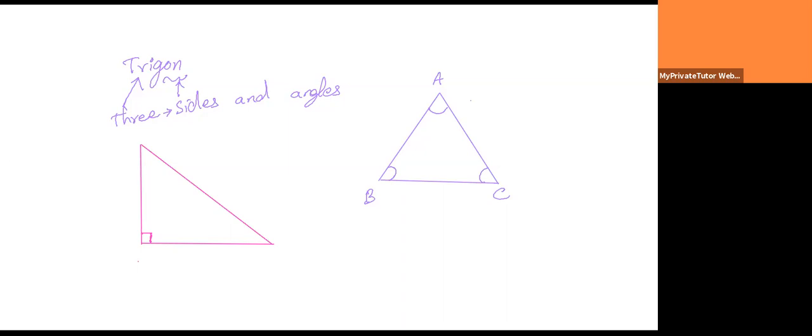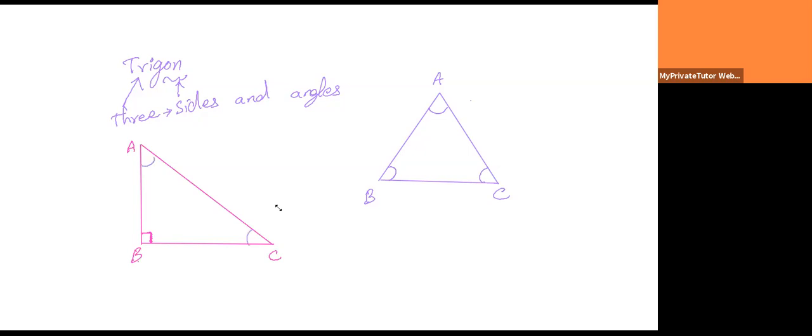So this is what the right angle triangle looks like. Let's name the triangle ABC. You can see angle B is 90 degrees, and we have angles at A and C. A and C are the complementary angles. I'll explain in a moment, okay?